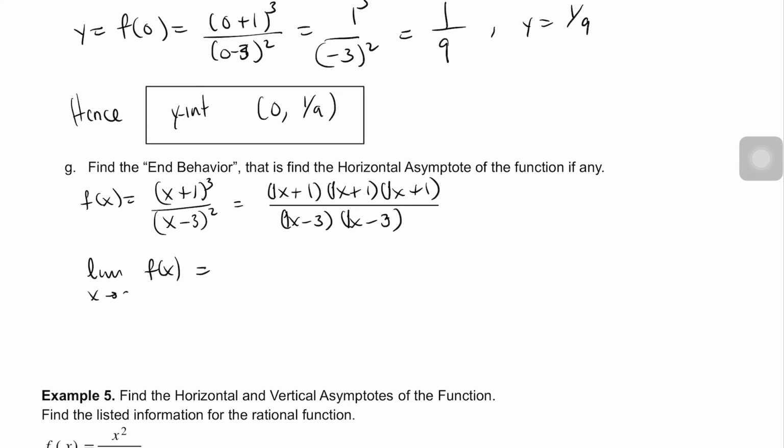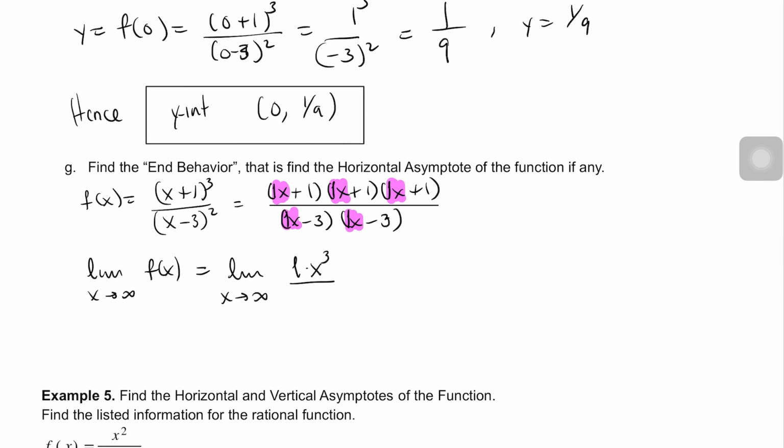What I mean by that is the leading term. When you look at the limit of the function as x goes to infinity, you only have to look at this leading term times this leading term times this leading term, which will give us the leading term of x to the third. 1x times 1x times 1x is 1 times x cubed. I'm forgetting to put my limit here.